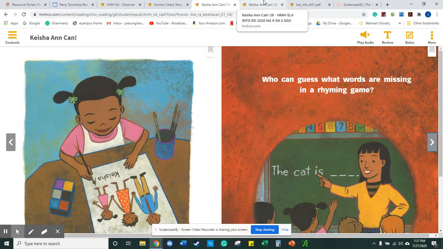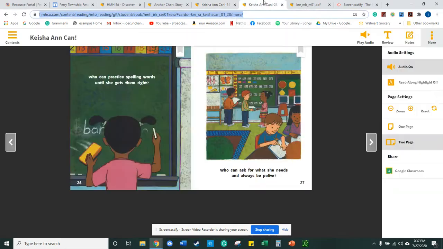Let's now look to see if we can find the setting of our story. Where does it take place? Let's take a look at this picture. I'm going to pause and give you a moment to think. Where is our story, Keisha Ann Can, taking place? In this picture, I notice a blackboard.